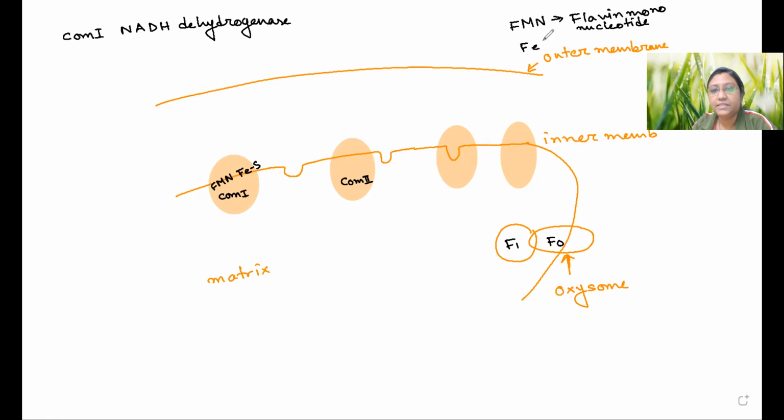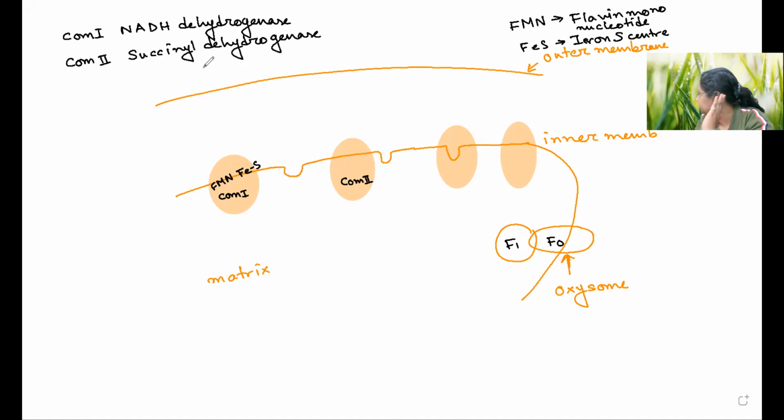And FES is the iron sulfur center. So what happens is, in complex 2, the complex 2 is an enzyme system where we have succinyl dehydrogenase.